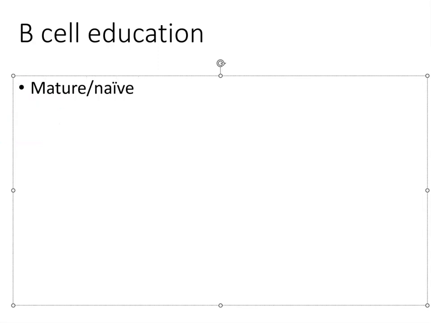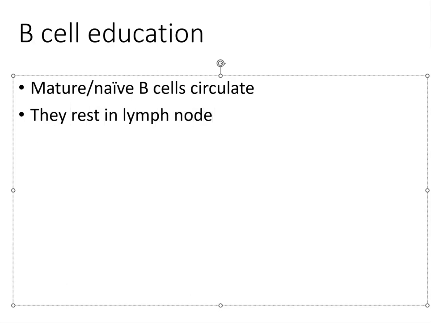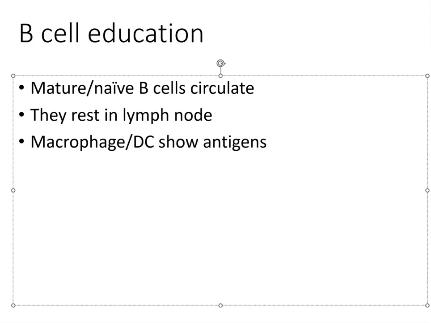Mature, naive B cells circulate in the blood and lymph. And then they come to rest in lymph nodes. And this is where the antigen-presenting cells like macrophages and dendritic cells will be hanging out. Macrophages or dendritic cells show antigens.